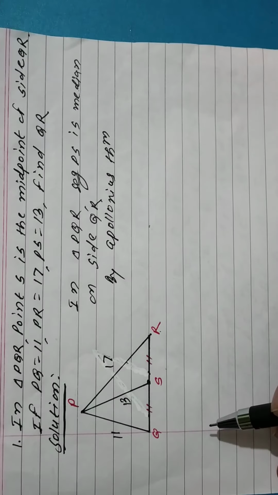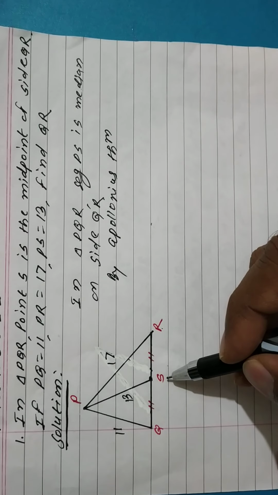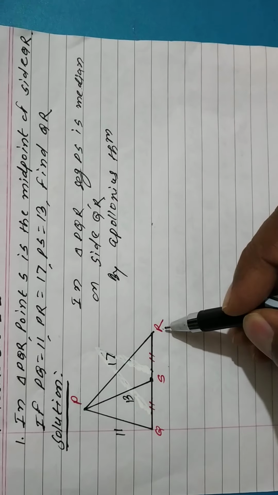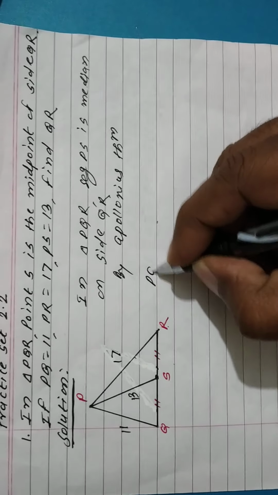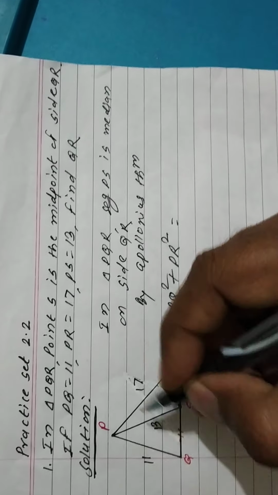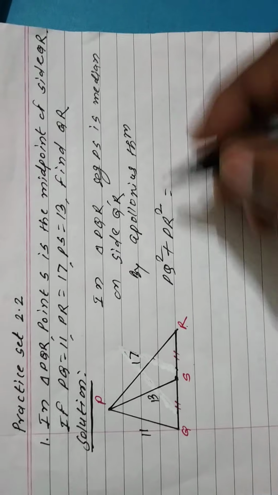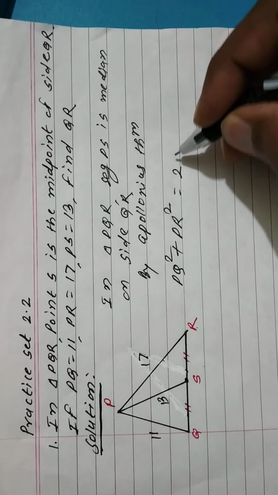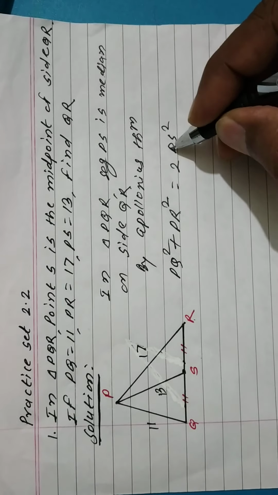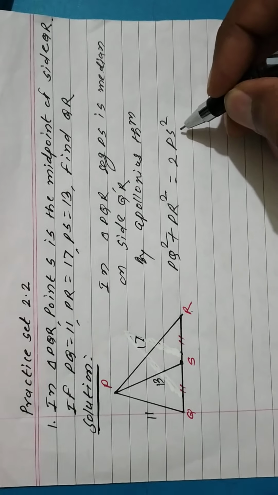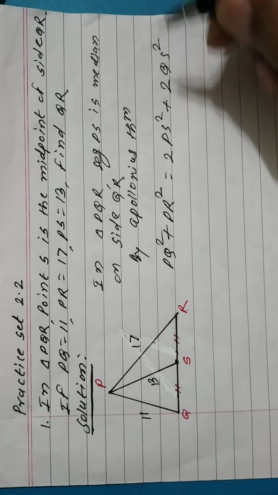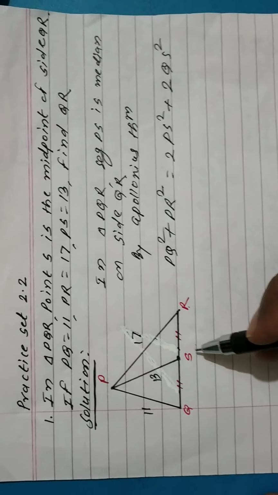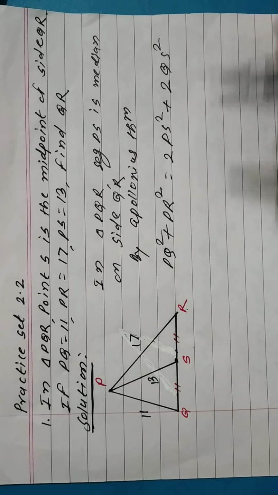What is the Apollonius theorem? Here PS is median on QR, two sides PQ, PR: PQ square plus PR square is equal to 2 times PS square, means median square, plus 2 times QS square or 2 times SR square.